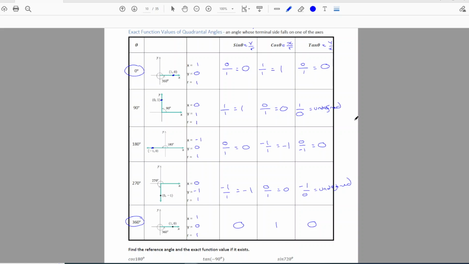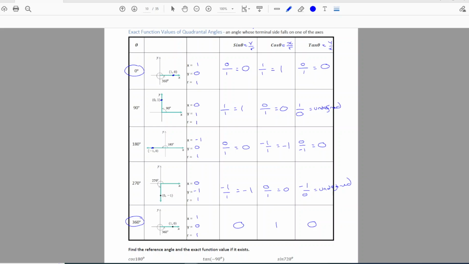So if you shifted this guy by 90 degrees and started it at 0, then you'd go 0, 1, 0, -1, 0. But instead, sine starts at 0 and goes 1, 0, -1, 0. And cosine starts at 1 and goes 0, -1, 0, 1. That'll mean a lot more when we do the graphing section. And tan just goes 0, undefined, 0, undefined, 0.